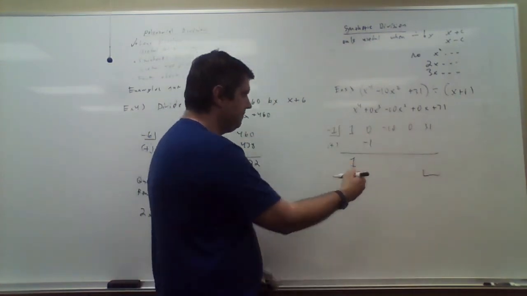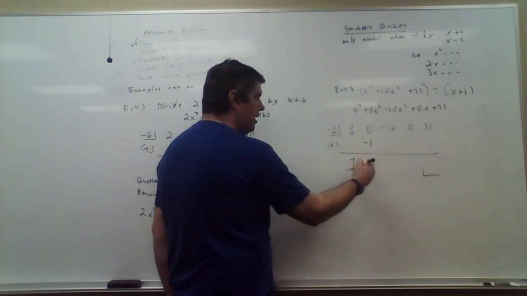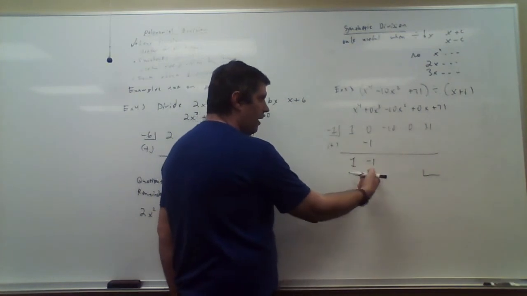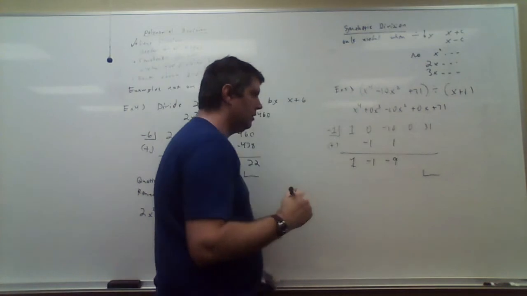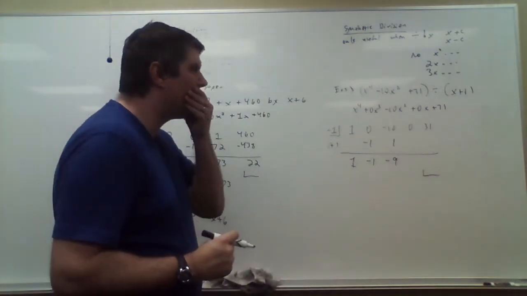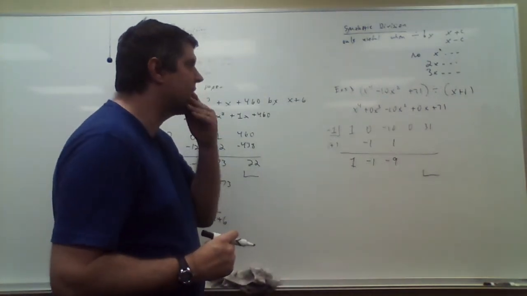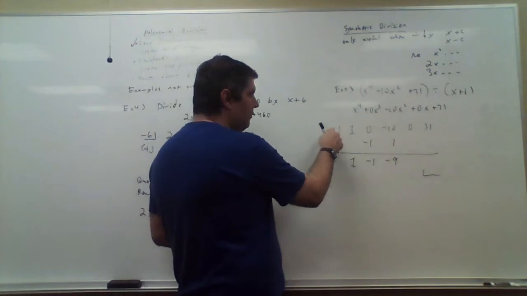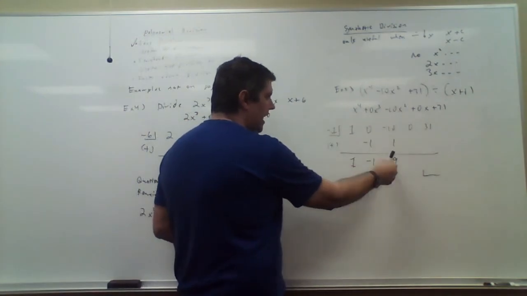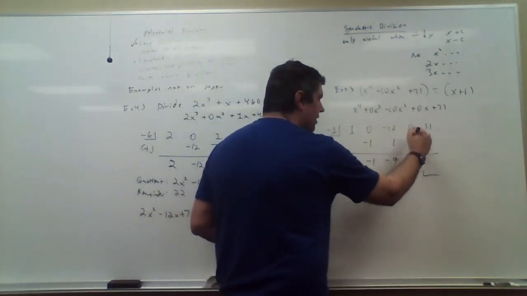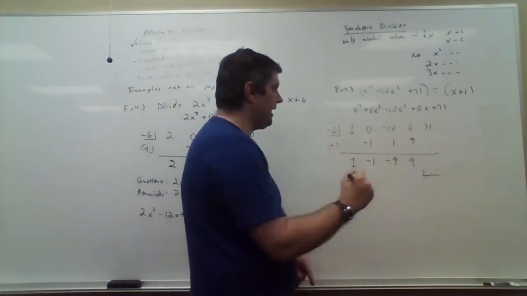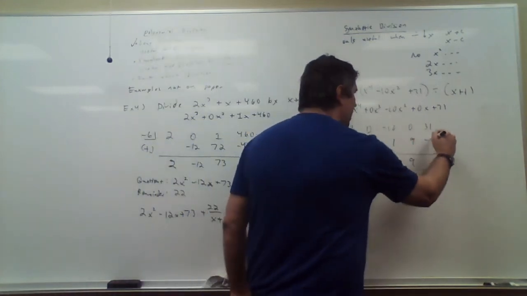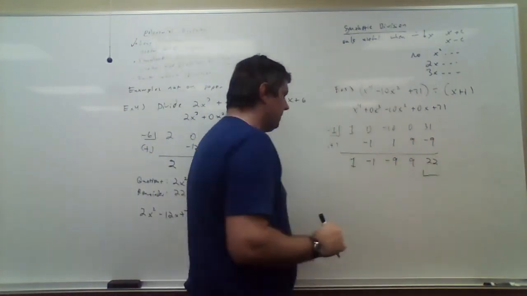Add these up, you get negative 1. Negative 1 times negative 1 is positive 1. We get negative 9. Okay? And then negative 1 times negative 9 is positive 9. That's 9. Negative 1 times 9 is negative 9. So I get 22.